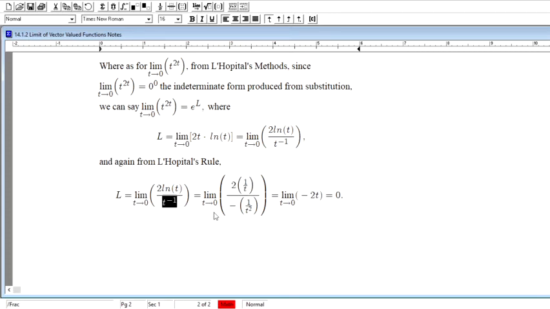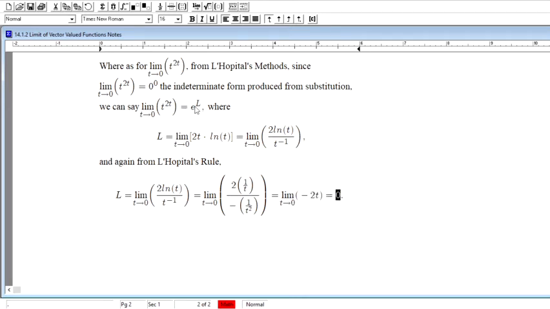In the denominator, that becomes negative 1 times t to the negative second, or negative 1 over t squared. If I clean this up a little, moving that t squared back to the numerator and canceling with the t in the denominator, it becomes negative 2t. So really we're just interested in the limit as t approaches 0 for negative 2t, which is nothing more than 0 in value. All right?